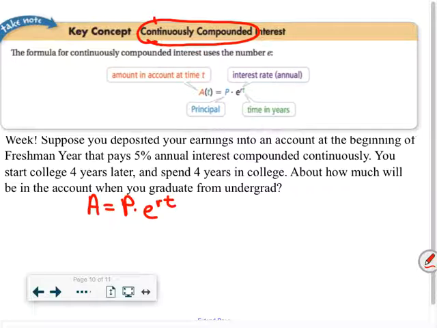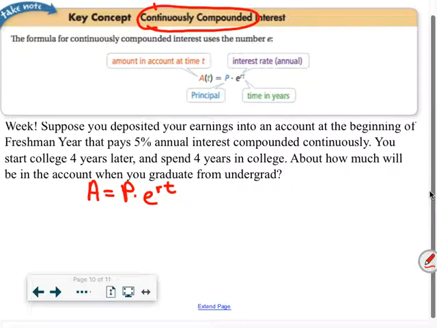Can you guys find that orange formula sheet for me? Because I want to differentiate what you do here. It says, suppose you deposited your earnings into an account at the beginning of freshman year that pays 5% annual interest compounded continuously. So I want you to circle those two words and then look at the orange half sheet.